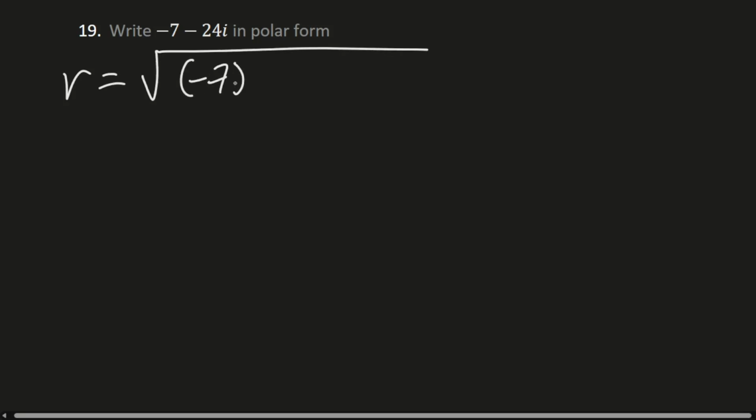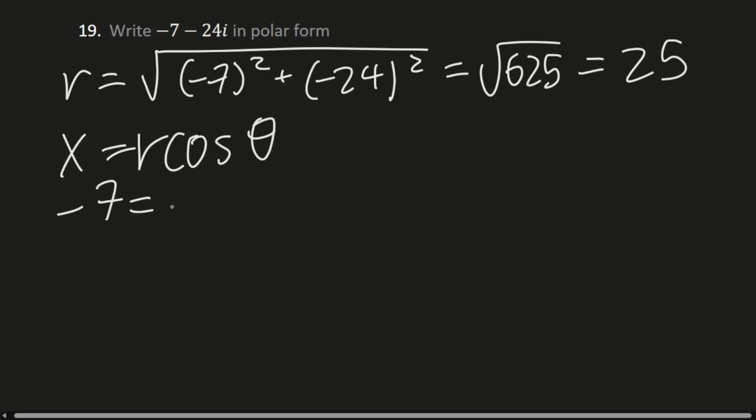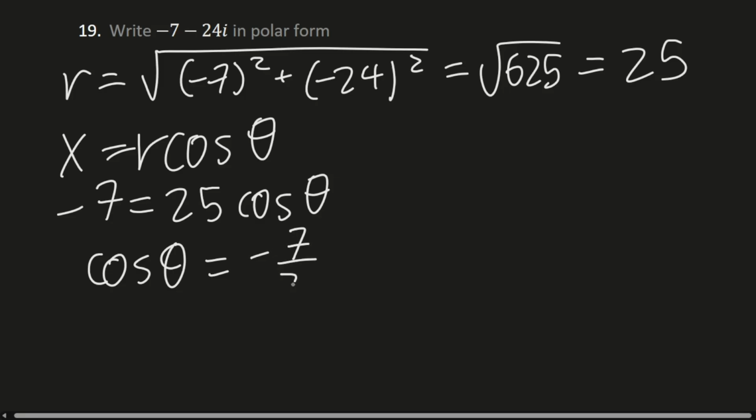Question 19. Modulus is going to be negative 7 squared plus negative 24 squared. That's going to give you square root of 625, which is equal to 25. I'm going to use x is equal to r cosine of theta. Plug in my values for x and r. We get cosine of theta is equal to negative 7 over 25.